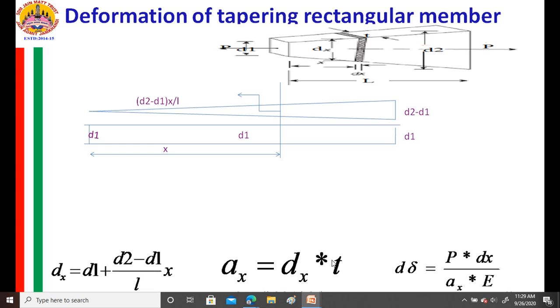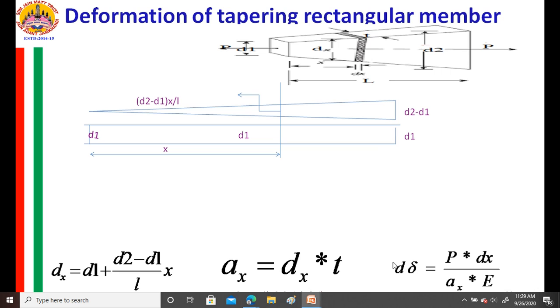Then what is the value of the deformation in the small part? Deformation in the small part, del D, is given by, what is the formula for the deformation? P into L divided by A into E.